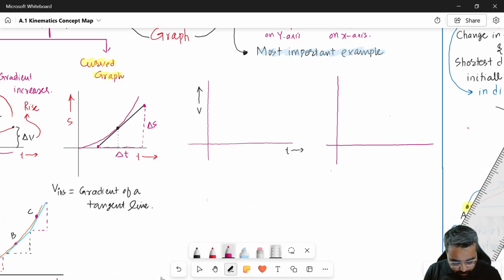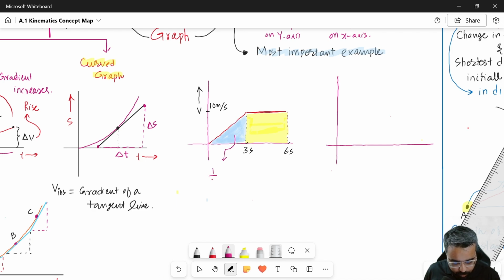Okay. So let's say this is a graph representing a velocity that is increasing at a uniform rate, and then the velocity is constant for some time. Now how do we measure the area? Either you can apply directly the formula of the trapezium, or we understand that this is the area of a triangle.